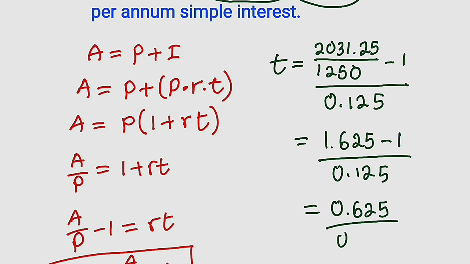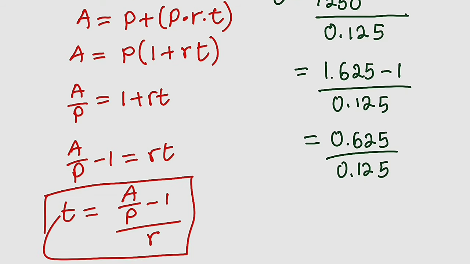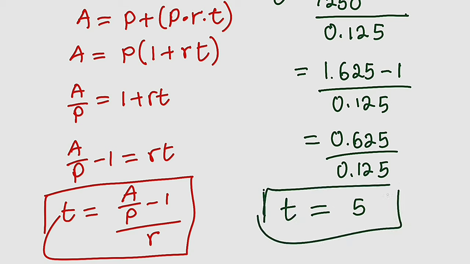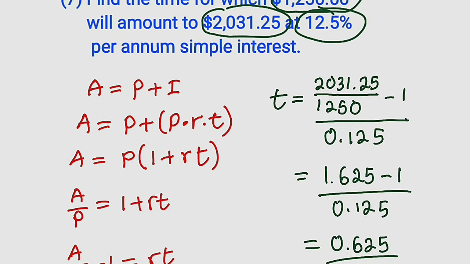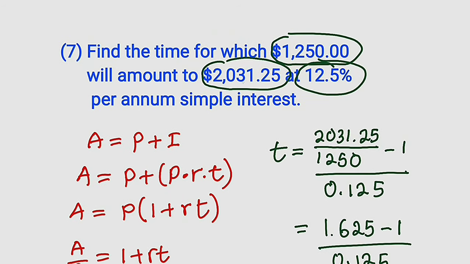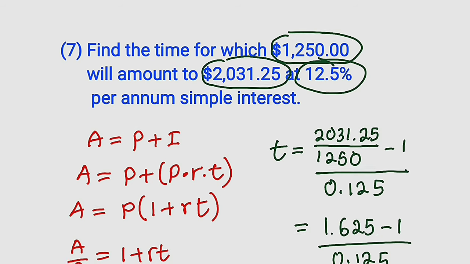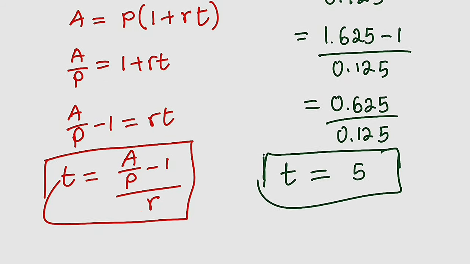Then we divide it by 0.125, and that will definitely be equal to 5. Therefore, t is equal to 5. What does this mean? It means that after 5 years, the principal amount will result to $2,031.25. And this is the solution to question number 7.